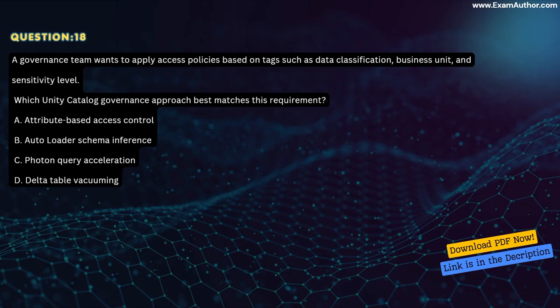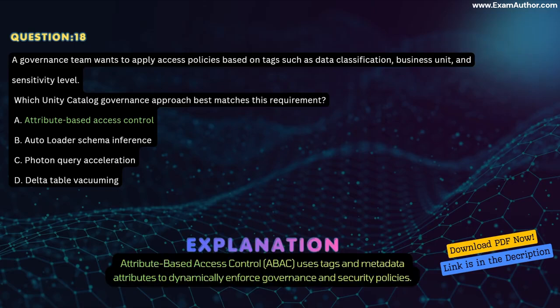C. Photon query acceleration. D. Delta table vacuuming. Correct answer: A. Attribute-based access control. Explanation: attribute-based access control, ABAC, uses tags and metadata attributes to dynamically enforce governance and security policies.